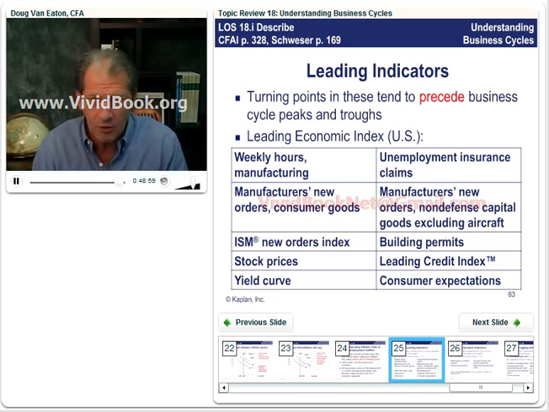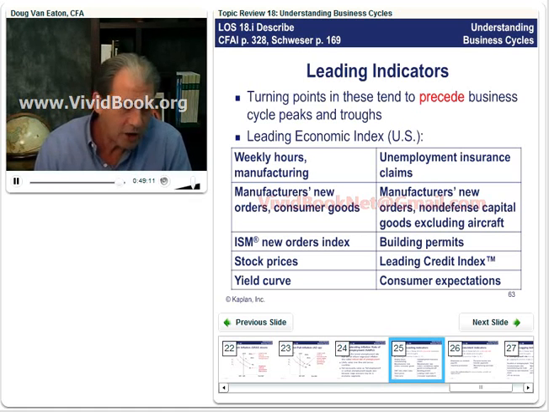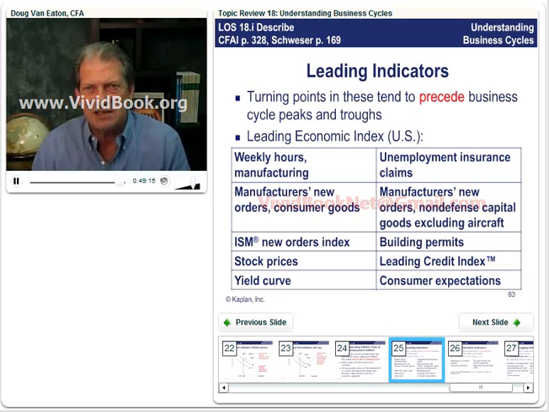Learn a lot more about that in our fixed income study session. Building permits, consumer expectations. All of these tend to turn before the business cycle does. The way I read the LOS, what you need to know is that's what a leading indicator is. There's certainly no indication here that you should memorize all these.